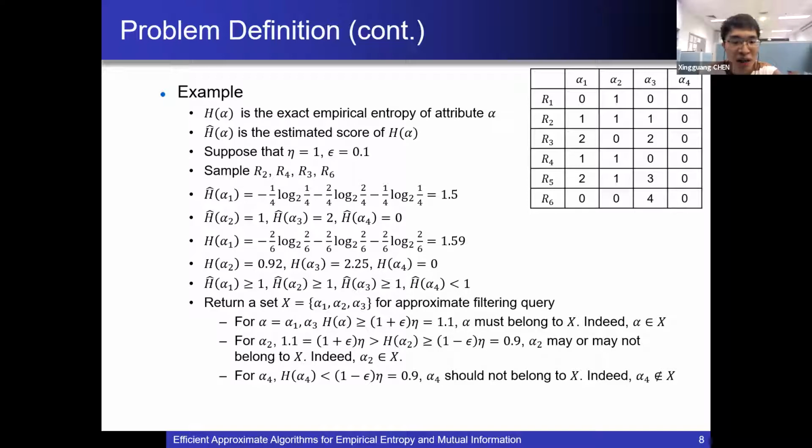For alpha 1 or alpha 3, H alpha is larger than or equal to 1.1, so alpha must belong to X. Indeed, alpha belongs to X. For alpha 2, H alpha 2 is larger than 0.9 and smaller than 1.1, so alpha 2 may or may not belong to X. Indeed, alpha 2 belongs to X. For alpha 4, H alpha 4 is smaller than 0.9, so alpha 4 should not belong to X. Indeed, alpha 4 is not in X.